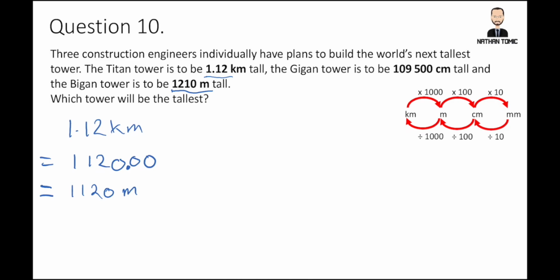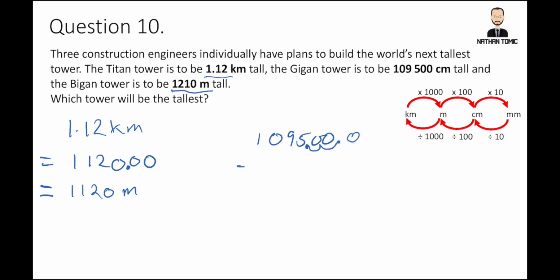And the Gigan Tower is going to be 109,500 centimeters. To convert that to meters, we need to divide by 1,000. So we're going to have 109500. Dividing it by 100 means we're going to move the decimal place again by 2, but this time we're going to move it to the left. So if we just think about that's where the decimal point really is, we're going to move 2 decimal places to the left, 1, 2, that's there.